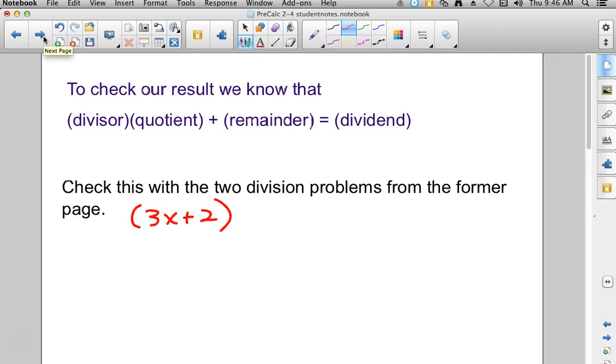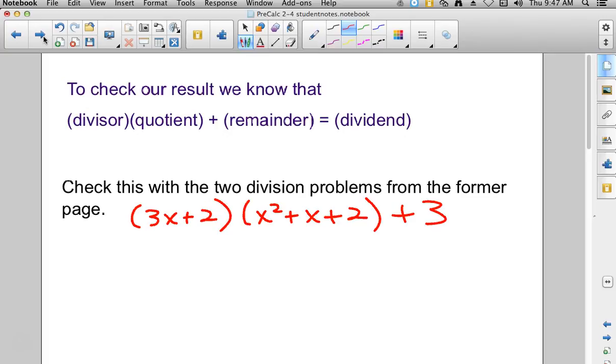We said that the answer should be x squared plus x plus 2. But that it won't work perfectly. How did we know it would work perfectly? It had a remainder, so we're going to have to add that remainder back on in order to get this to work. And this is just multiplication.